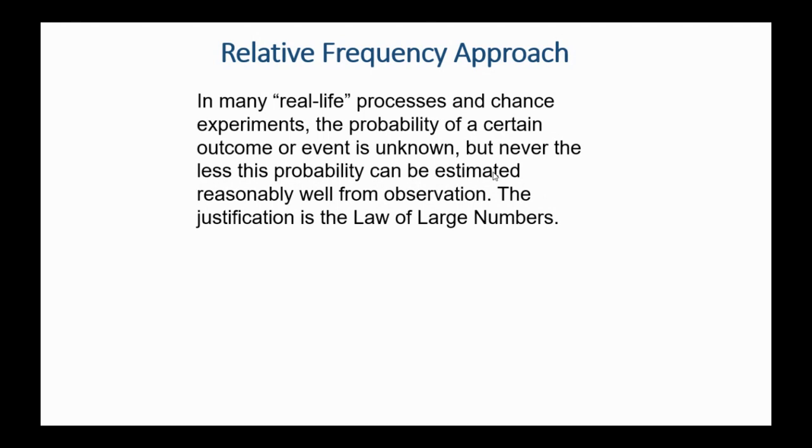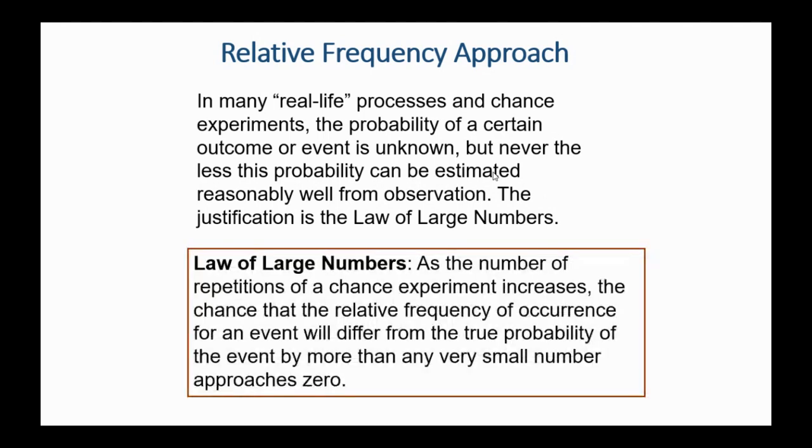Okay, so the law of large numbers tells us that as the number of repetitions of a chance experiment increases, the chance that a relative frequency of occurrence for an event will differ from the true probability by more than any very small number approaches zero.